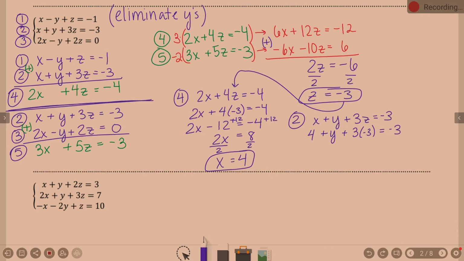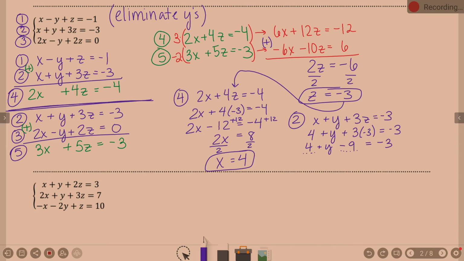Well, if I multiply, so I still have 4 plus y, 3 times -3 is -9 equals -3. Like terms? Oh, we have z.